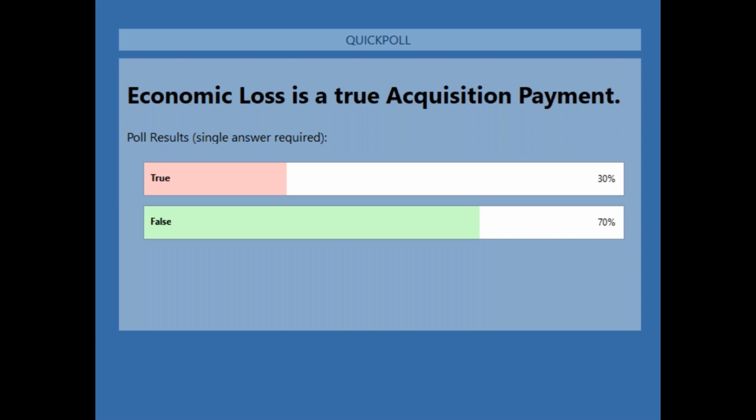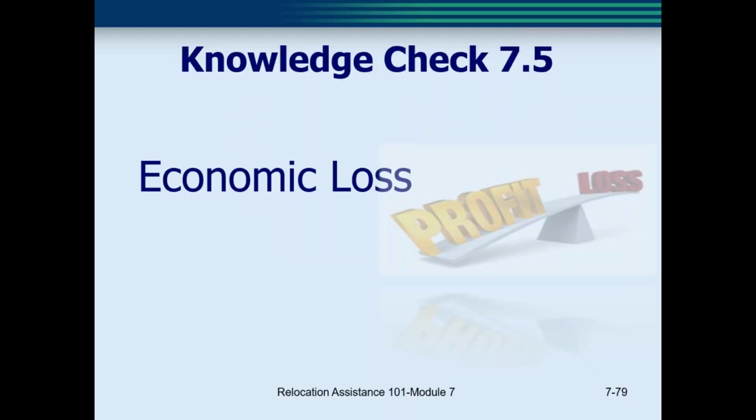Loss of goodwill is the acquisition payment and can be discussed in an appropriation. Economic loss is a true relocation payment. Remember, with economic loss, because it's a true relocation payment, you cannot also have a fixed payment and you cannot qualify for loss of goodwill.